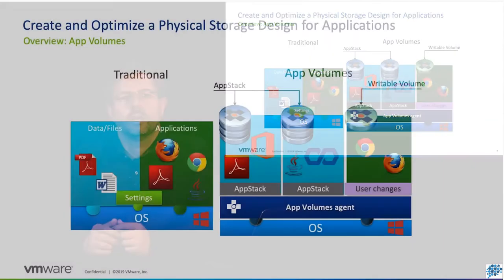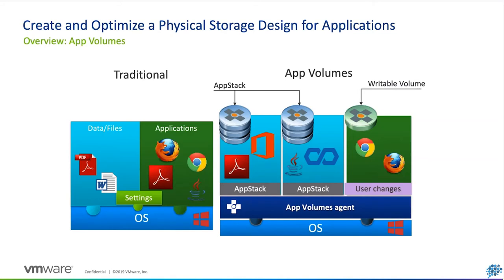If you look at the slide now, we have our traditional desktop, and then we have the possibility of using App Volumes. What we are doing there is having a small, neat master image and attaching so-called app stacks, and those app stacks contain our applications. Let's say we have an app stack for our core applications and an app stack for department A, for example.